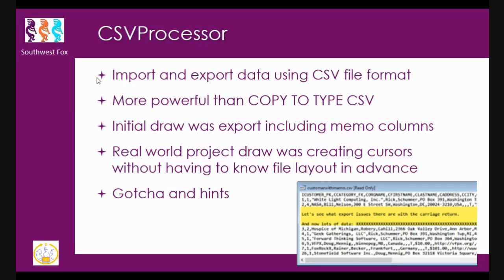So I decided to take a crack at CSV processor to see what it could do to import the CSV file that was originally generated so I could pull it into a cursor and then do some easier programming to consolidate the records. It worked great because CSV processor on the import side will actually, and I don't think there's artificial intelligence built into it, but it will do some really nice programmatic intelligence on the import side to determine what data types you have, and it will build the cursor from the data that's in the CSV file.